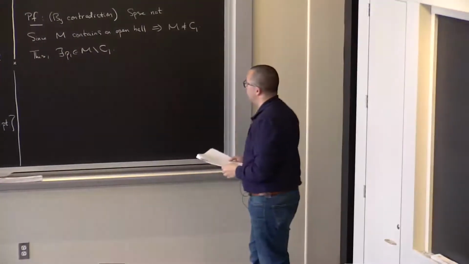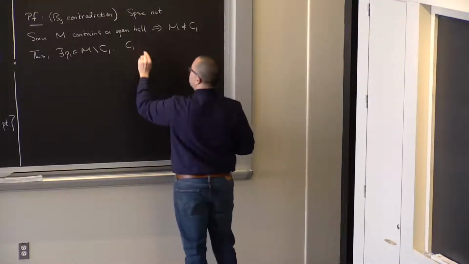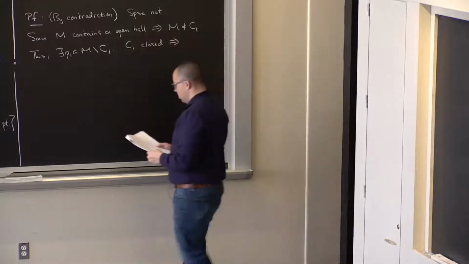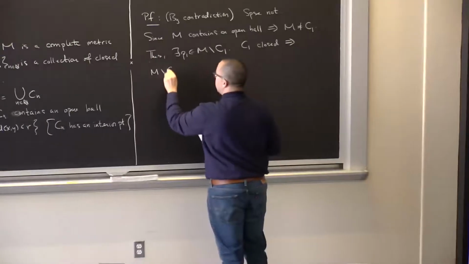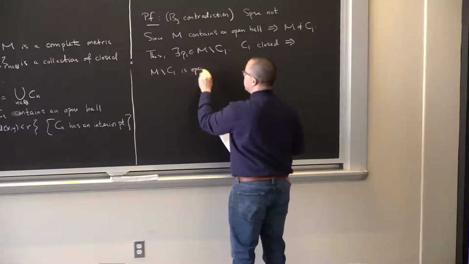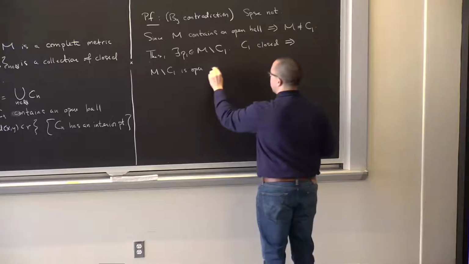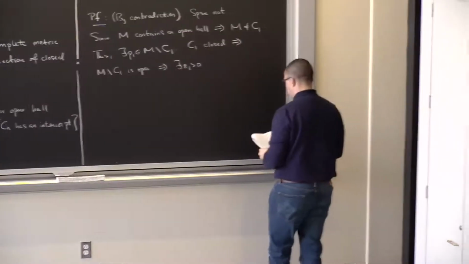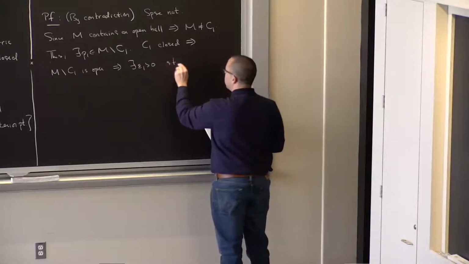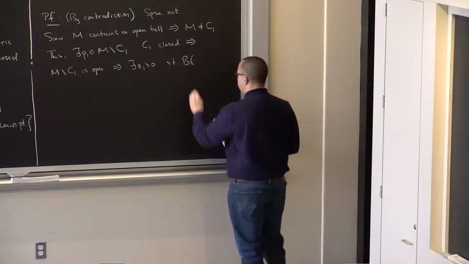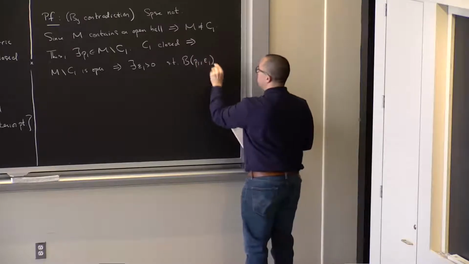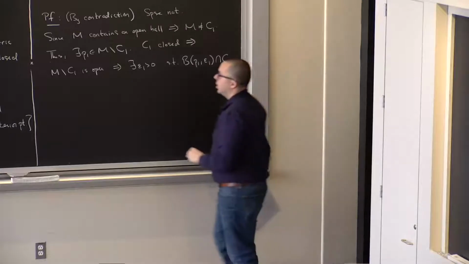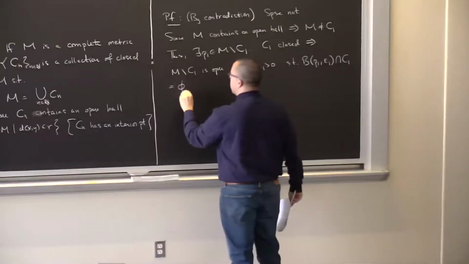Now, C1 is closed. This implies that its complement is open. And therefore, I can find a small epsilon 1 such that the ball centered at P1 of radius epsilon 1 intersects C1 equals the empty set.